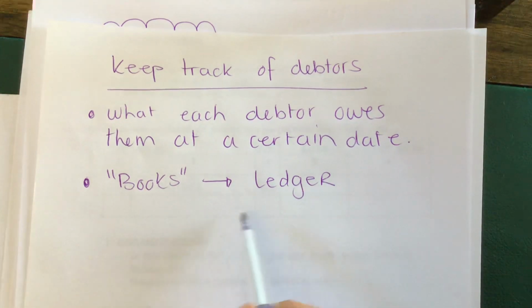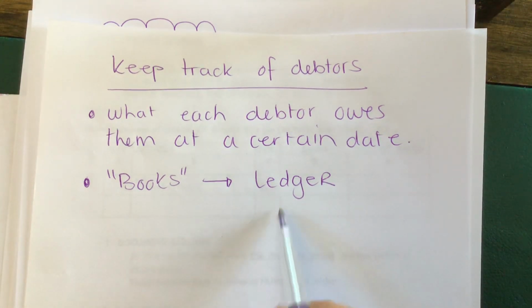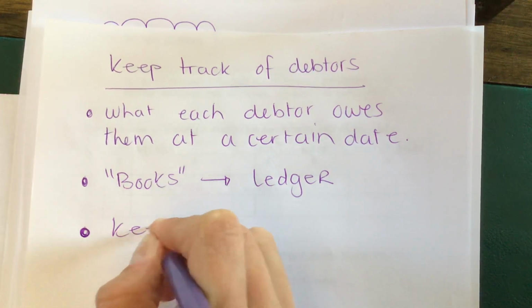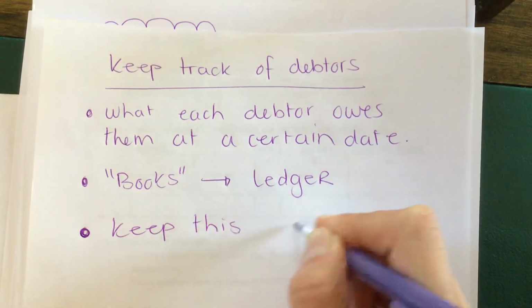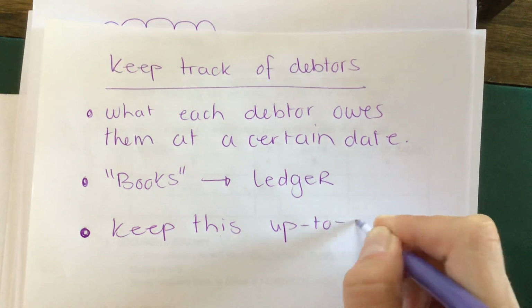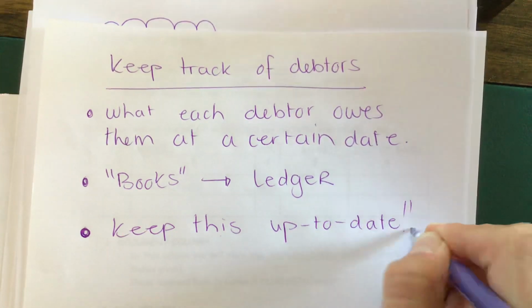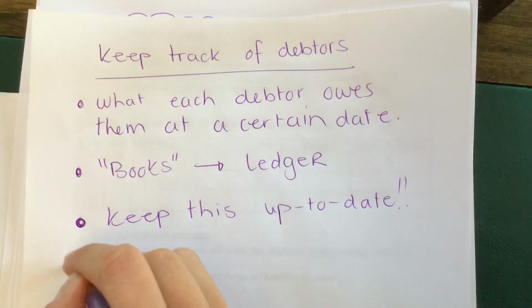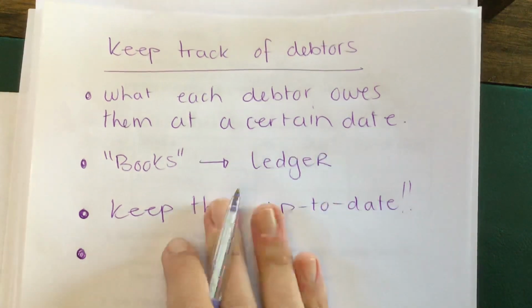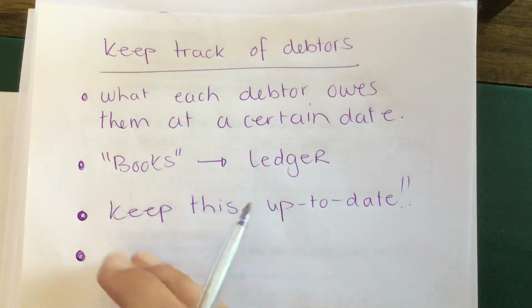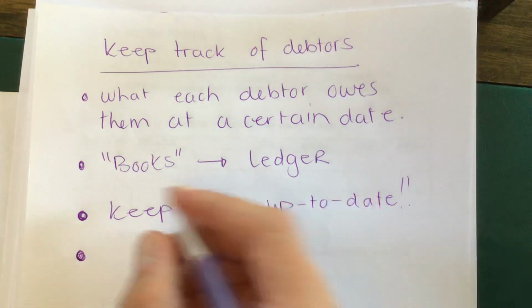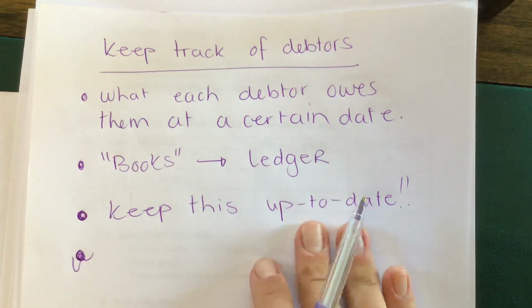That subsidiary ledger is where we're going to keep track of the individual debt, okay? So it is vital that we keep this up to date. Whenever the debtor buys from us, we will go straight into his book and update the ledger so that we know on a daily basis what this debtor owes us, okay? But we're not going to go through that just yet.